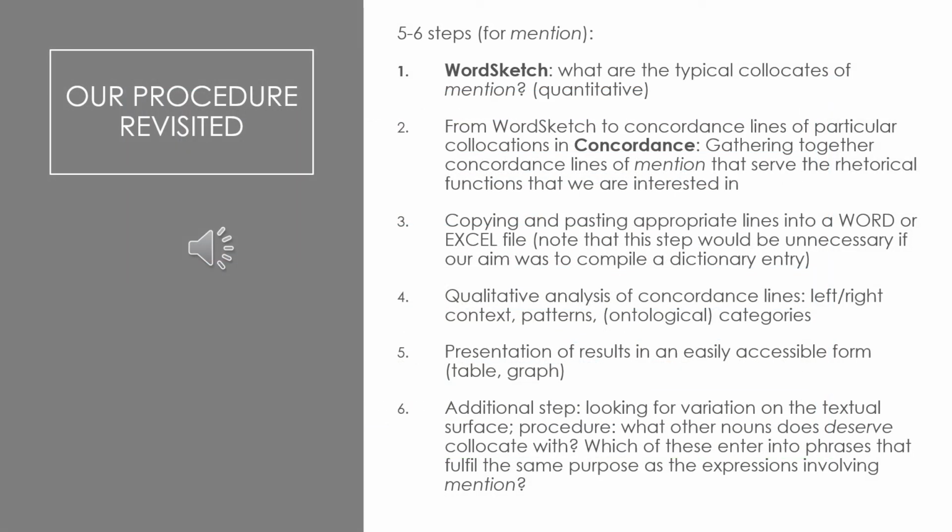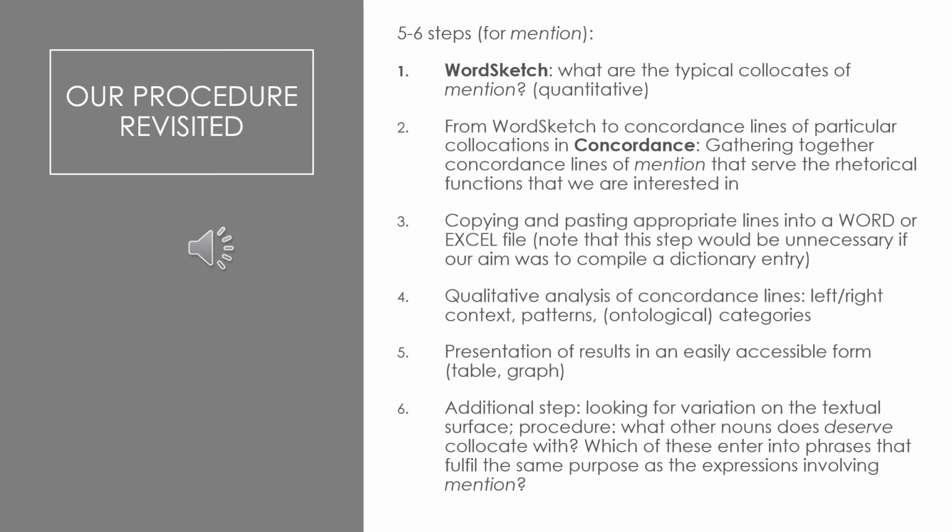So before we look at the results, I'm going to take you through the procedure again that we've been following. It consists of 5 to 6 steps. The first step was to use word sketch to discover the typical collocates of mention. So that's mainly a quantitative procedure. It's to do with frequency.